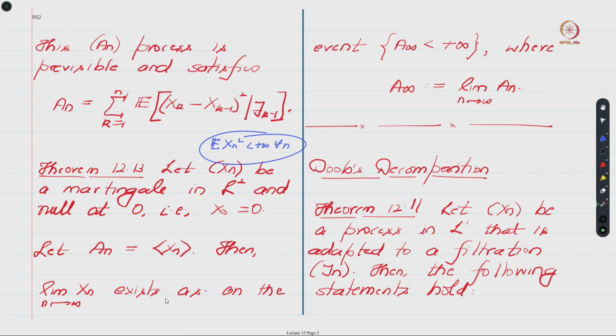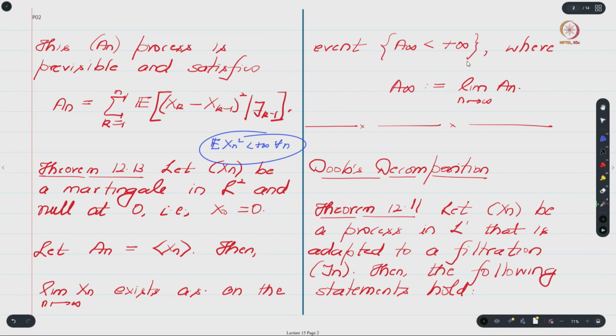Is that okay? You can already see that the sufficient condition over here is very weak, right. It does not talk about boundedness in L2 and so on. Instead it only says that you define this angle bracket process, and whenever the event holds, along all those sample paths, your limit of Xn will exist, right.